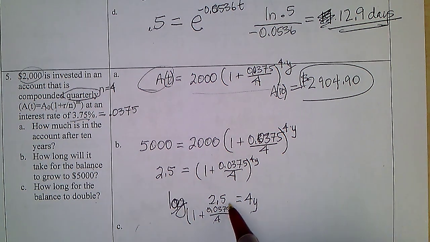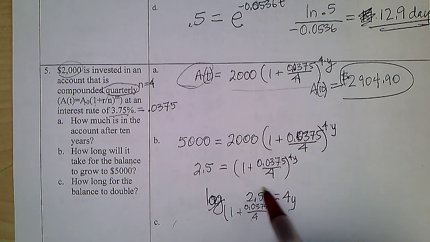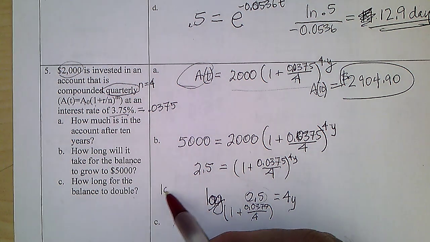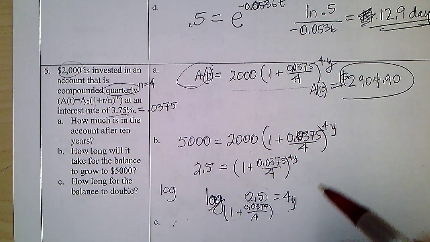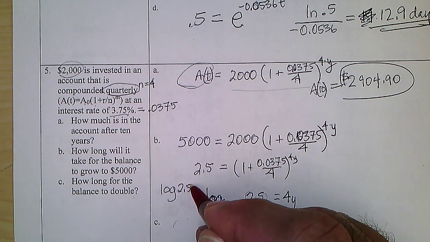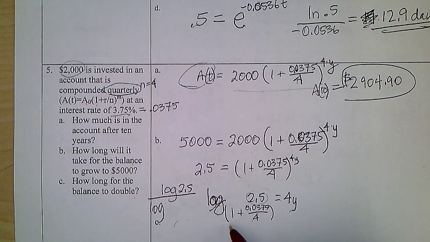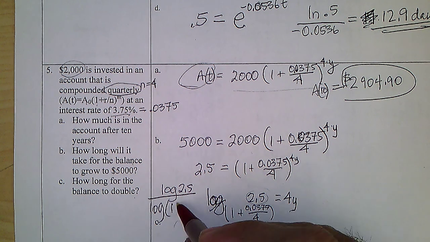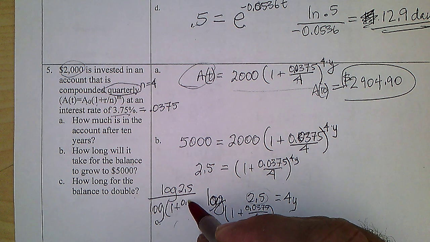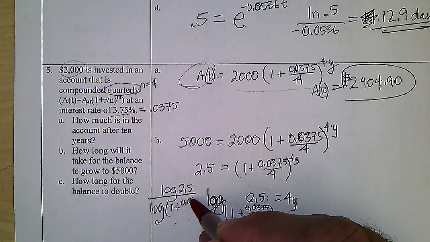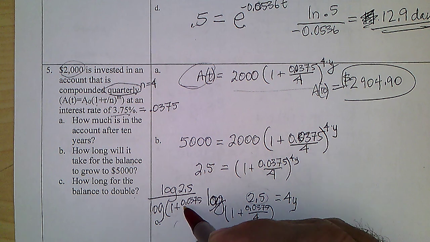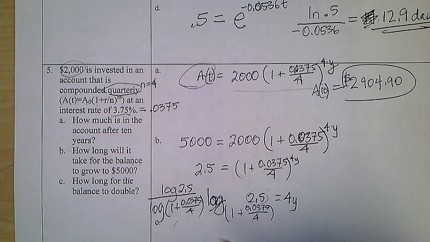Now when I have to do this on a calculator, this becomes the log of the argument in base 10 or base e over the log of this base, which is 1 plus 0.0375 over 4.